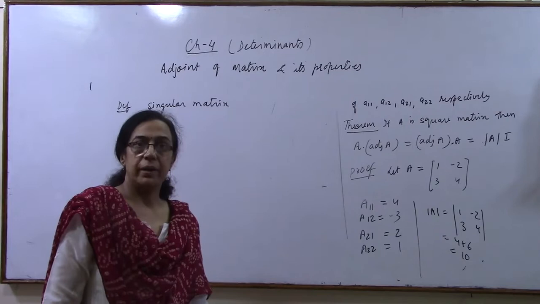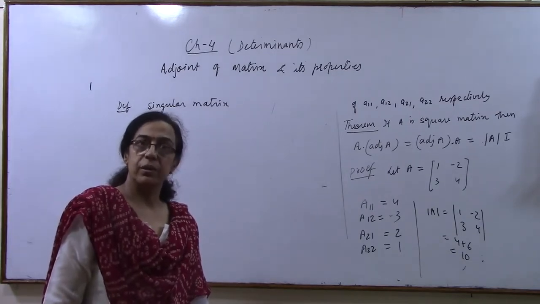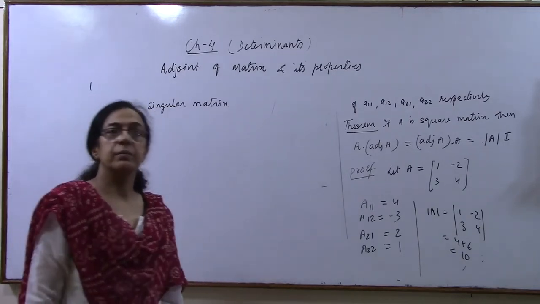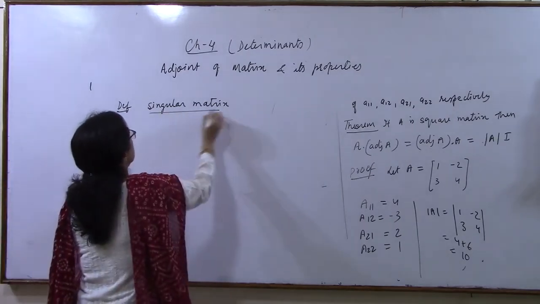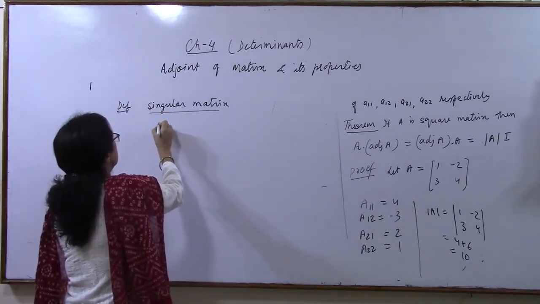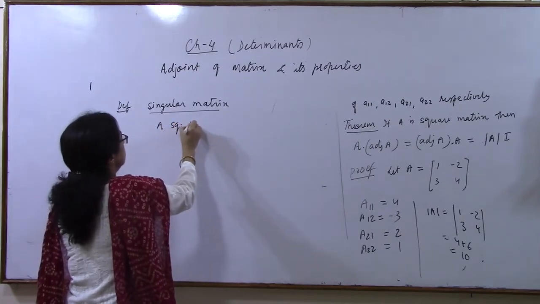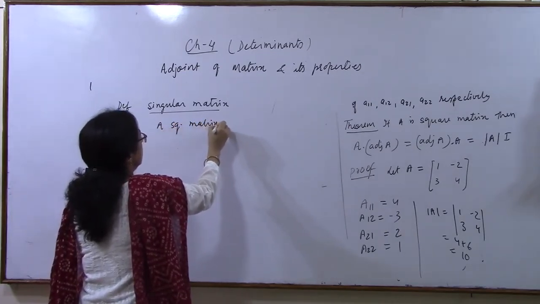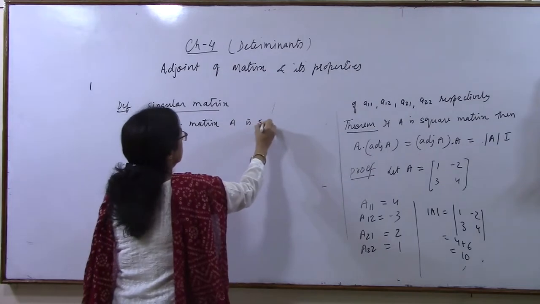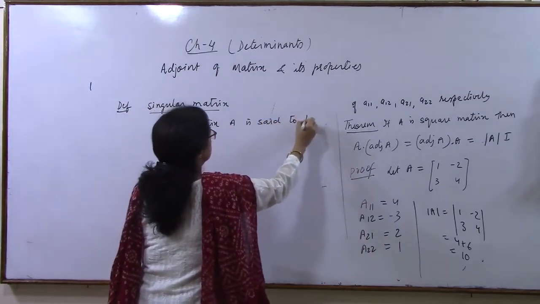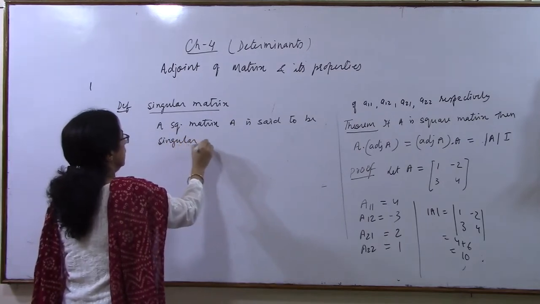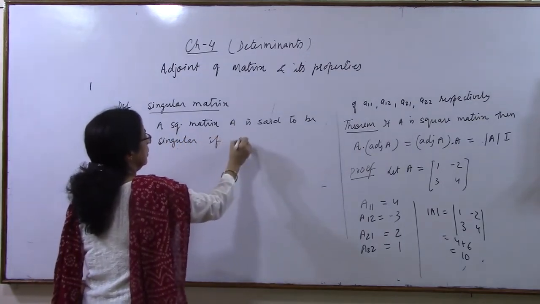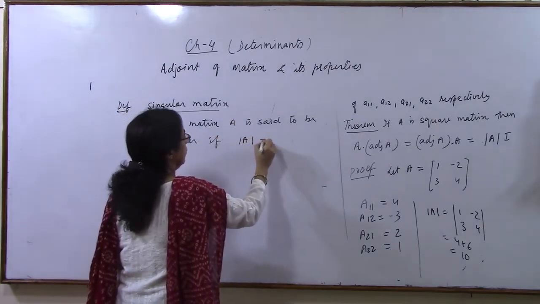A square matrix A is said to be a singular matrix if determinant A equals 0.